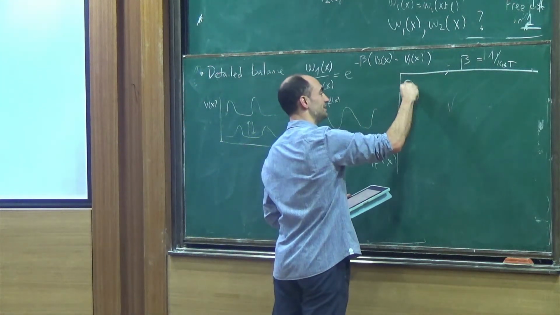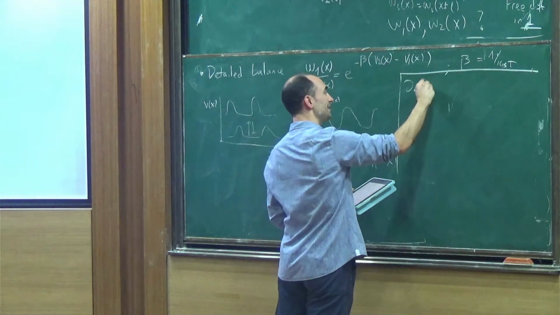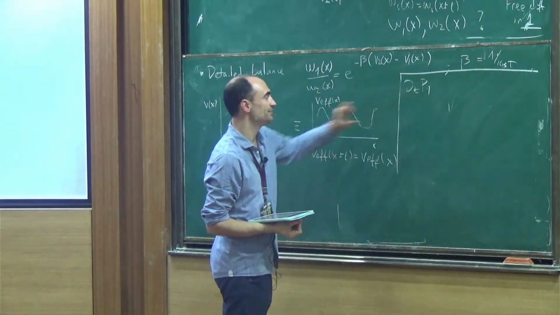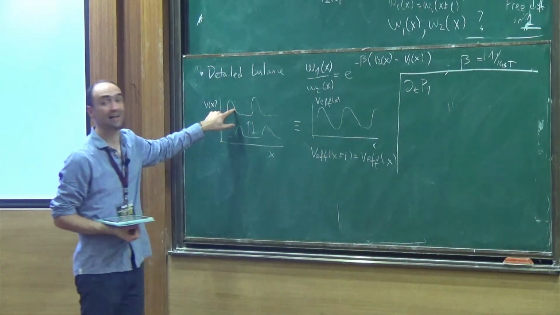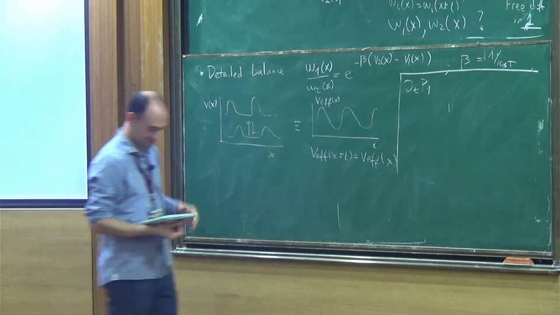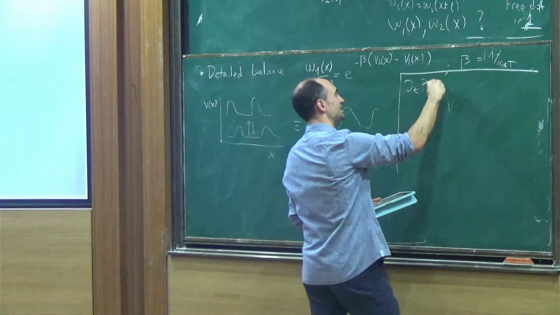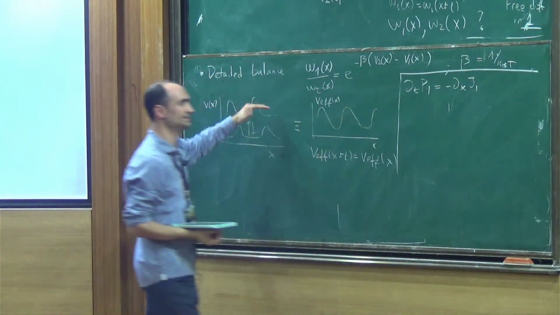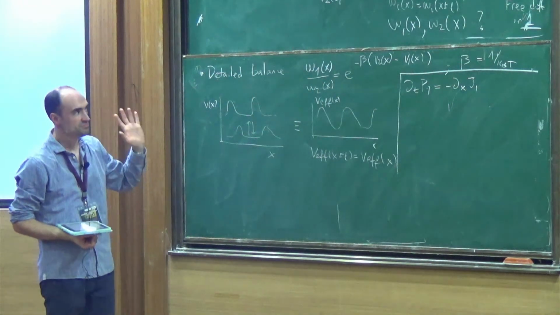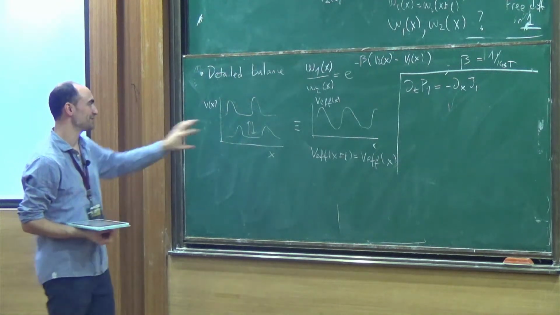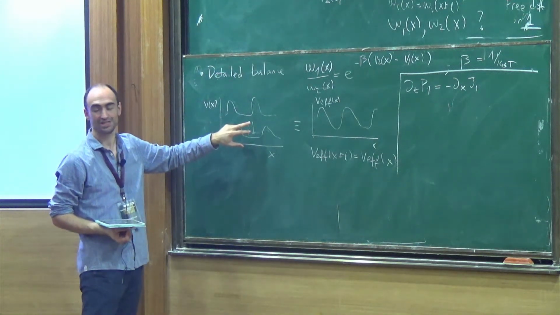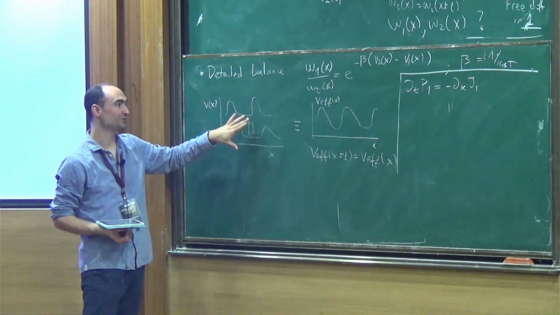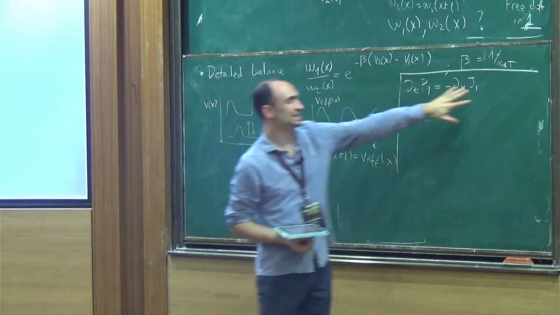Typically, you will write partial t of P1, the probability that I am in state x and in potential 1, minus partial x of J1, the current if you are in state 1. But it's not enough, because now we have switches. So it's not just a Fokker-Planck equation, it's a Fokker-Planck equation with sources. So there is something else here.